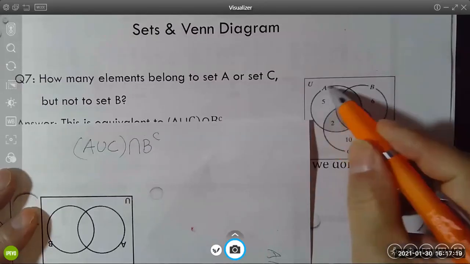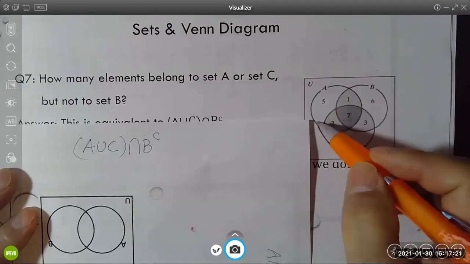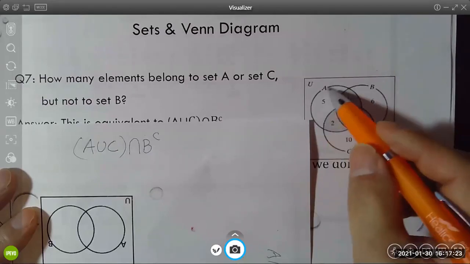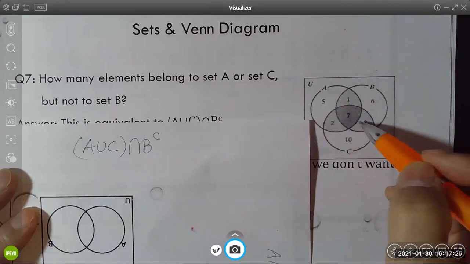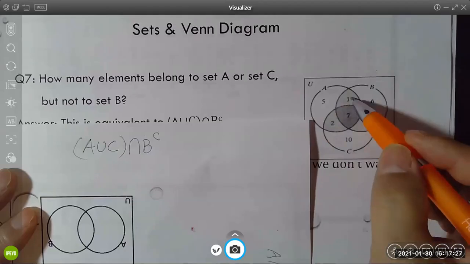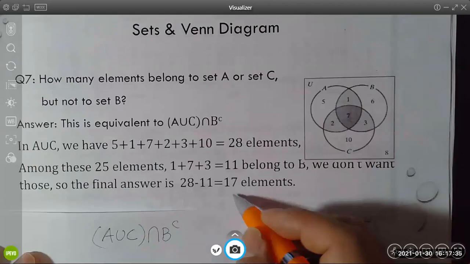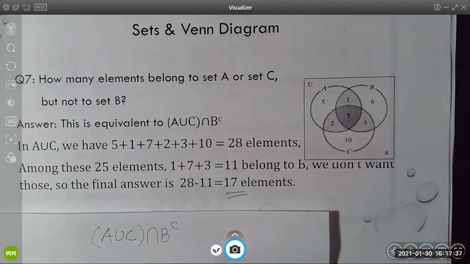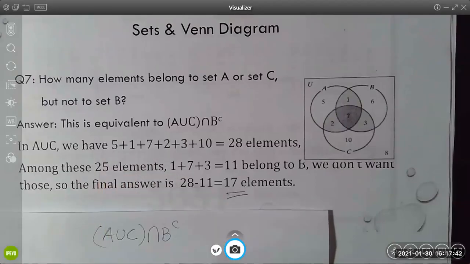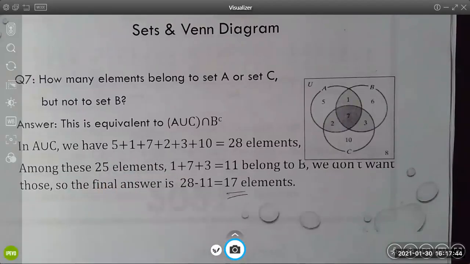It can be in here as long as it's not in B. So for this whole thing, which part is in B? This is in B, this is in B, this is in B. We don't want that. So in the end, we only have 5 plus 2, 7, 7 plus 10, that's 17. So that's 17. This is just the explanation. I already did that. So next one.